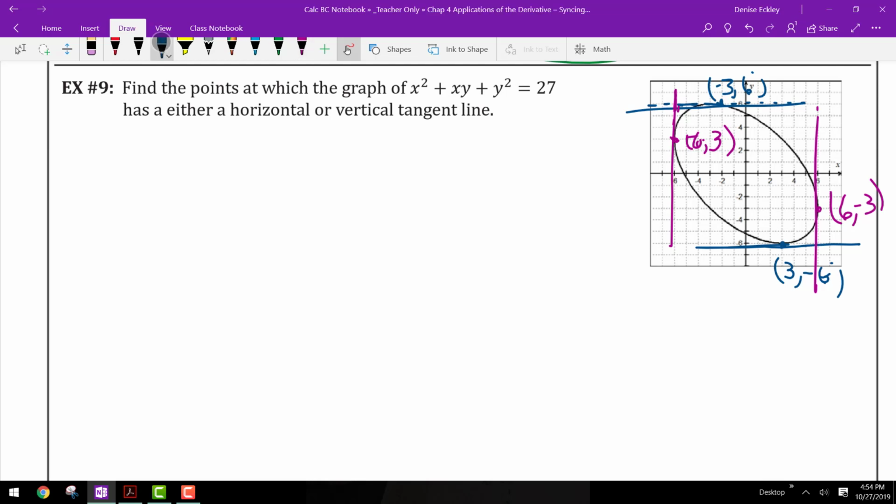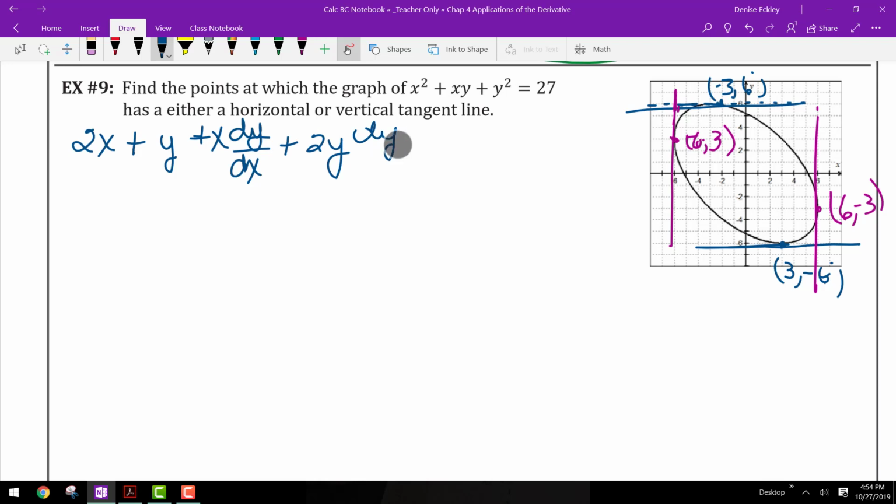Let's start by finding our derivative. Taking the derivative, we have 2x plus y plus x dy dx. That's the first two terms, and then the derivative of y squared is going to be 2y dy dx, and the derivative of 27 is 0.